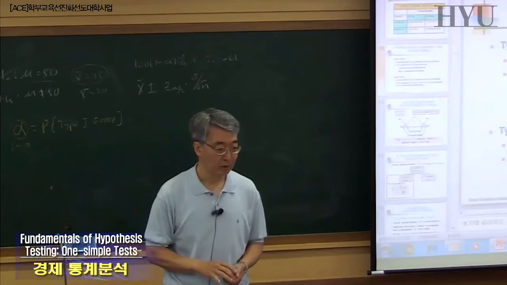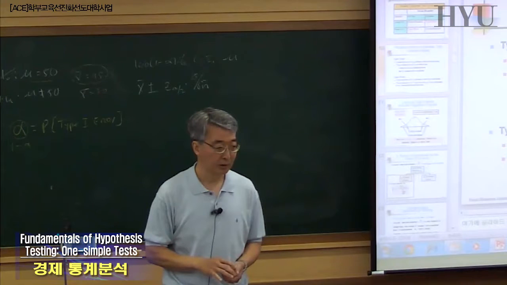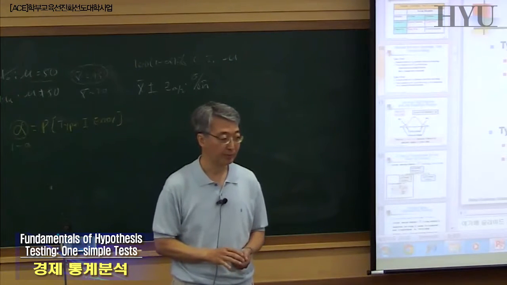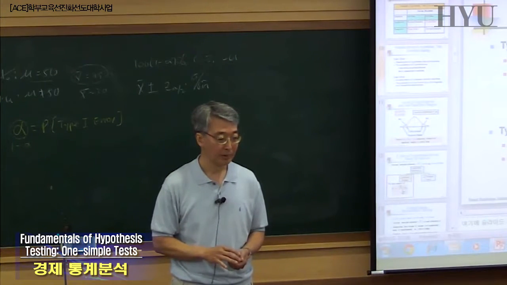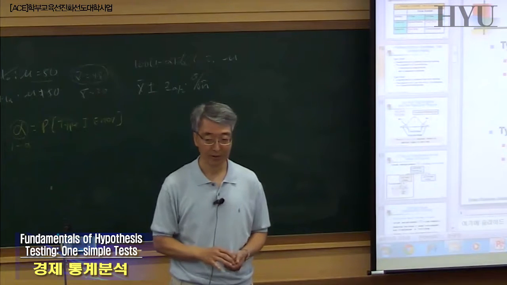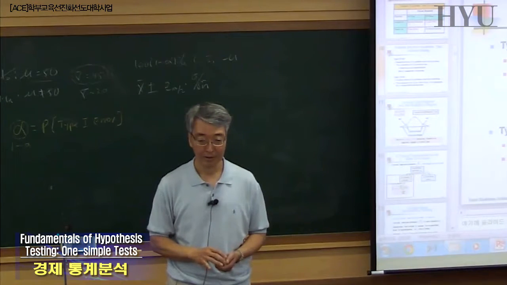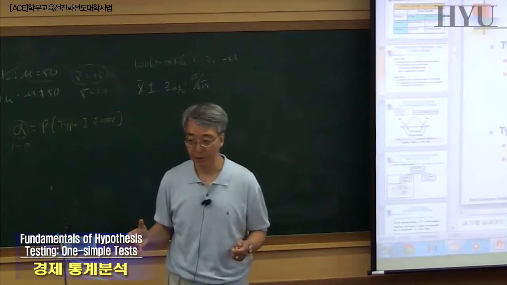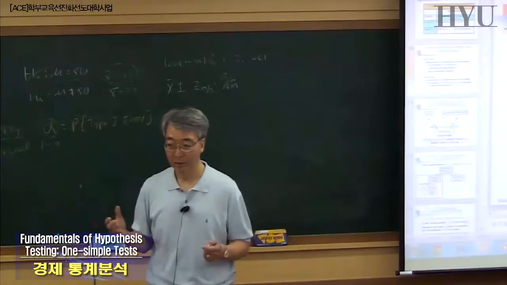Why do we have to accept the probability of error? In other words, is there any way we can completely eliminate the chance of error? Is there any way you can be 100% accurate in your conclusion? There's only one way. What's the way? Any idea? The collection of sample is the whole entire population. If you use the entire population to make your conclusion, then there will be no doubt.